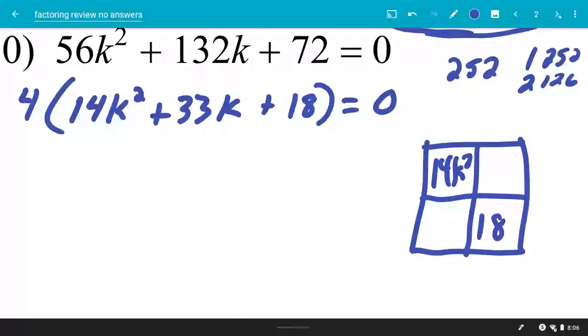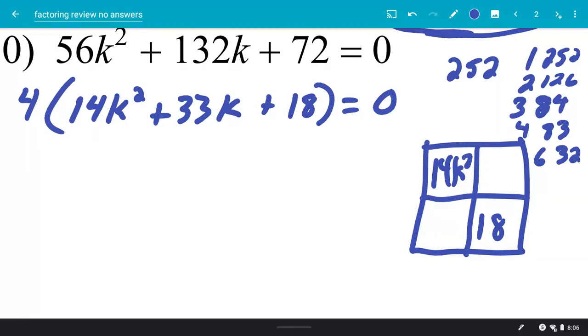I need 33. 3 goes in. 4 does go in. 6 does. 6 goes in 32 times.